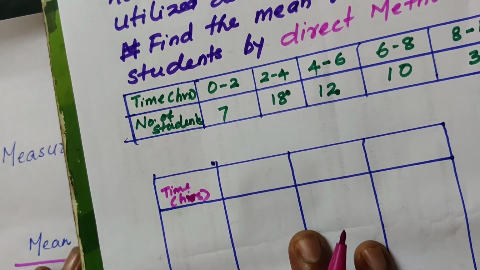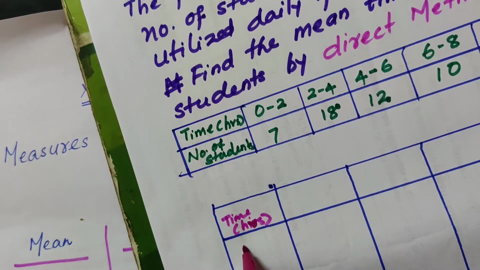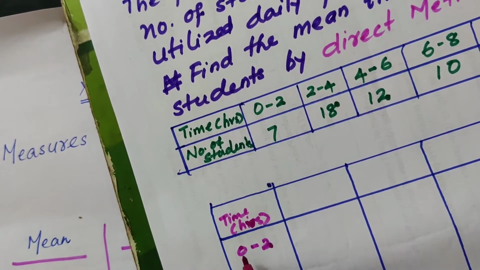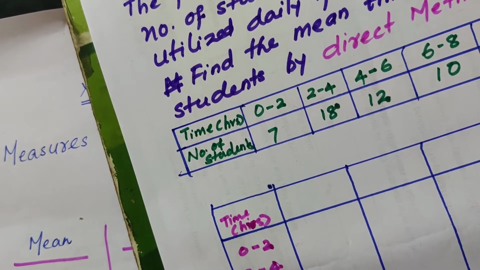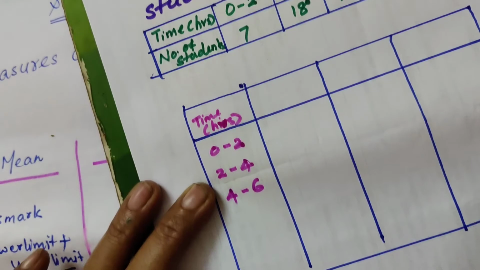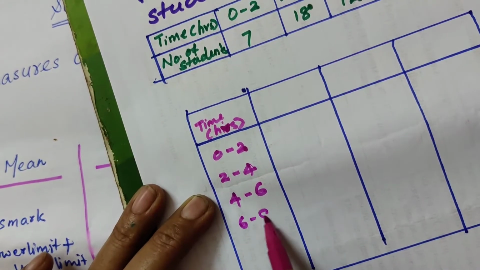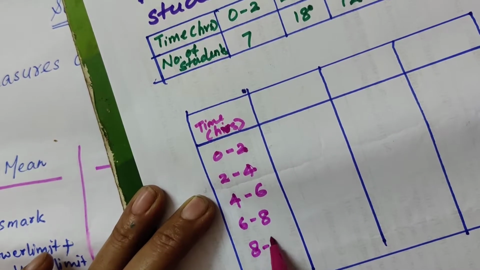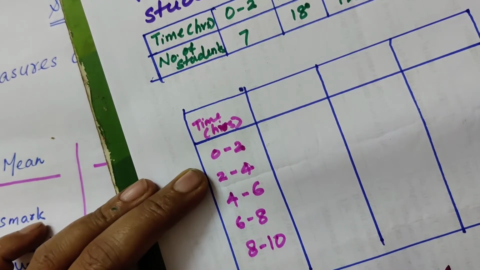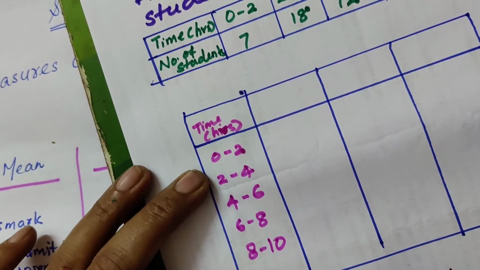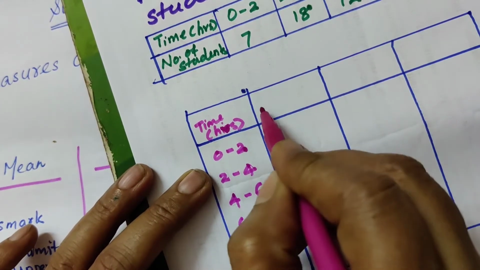The classes are 0 to 2, 2 to 4, 4 to 6, 6 to 8, then 8 to 10. So all classes we have written vertically. Next step is class mark.